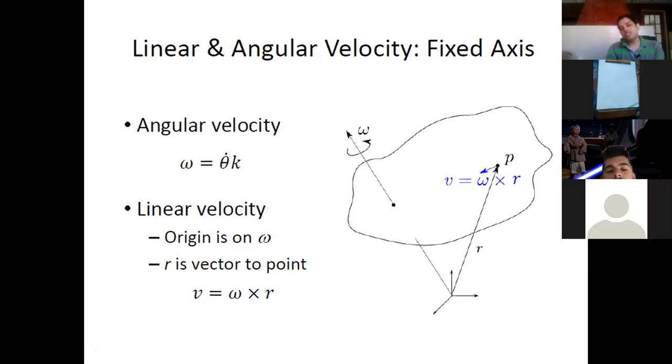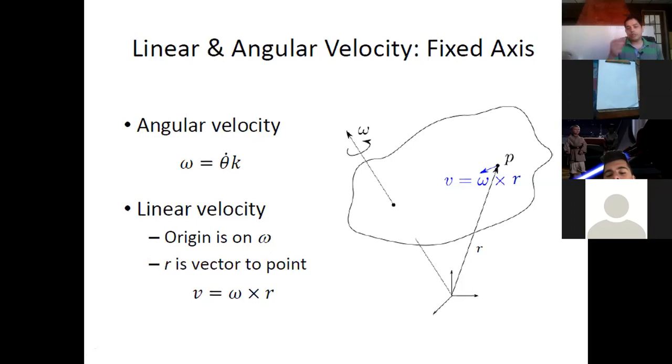Yeah. So we talked about angular velocity, right? Now let's talk about linear velocity. Even though this is moving in a circle, as we saw in the previous slide, this P moves in a circle, but this guy also has linear velocity.